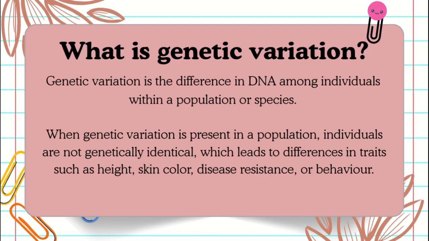So basically, we're talking about genetic variation, and this is such a term that we use so often. In the simplest form, when you talk about genetic variation, we're talking about the differences between the genes, differences in the DNA among individuals within a population or a species.